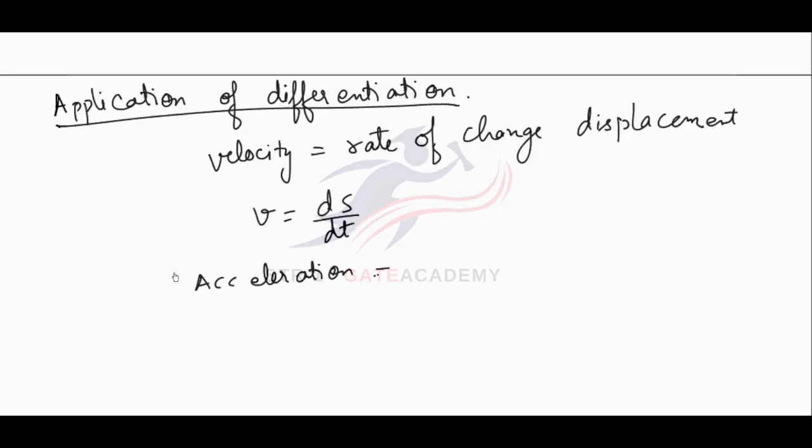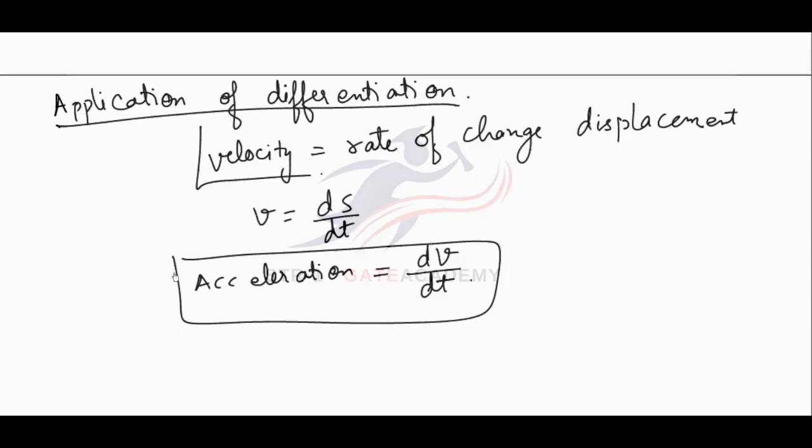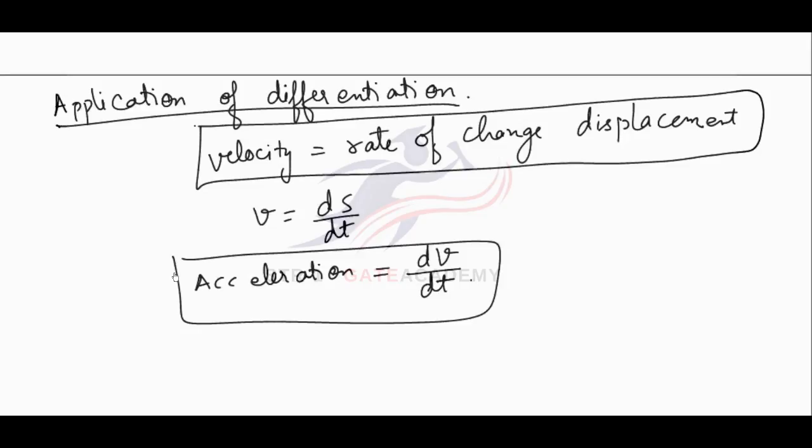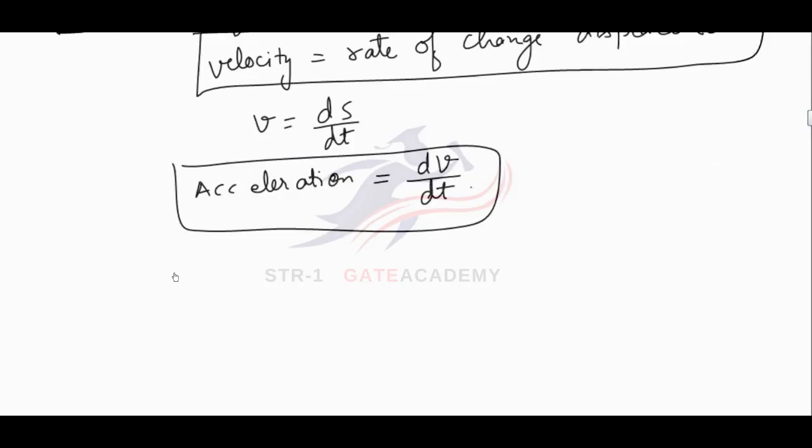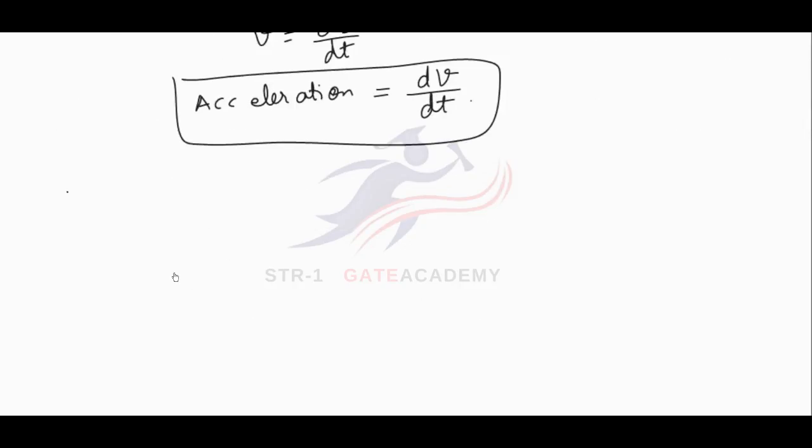Acceleration is nothing but dv/dt. So there is the application, it is used to find the rate of change basically, right? Then you have an application in terms of finding out the maxima and minima value.